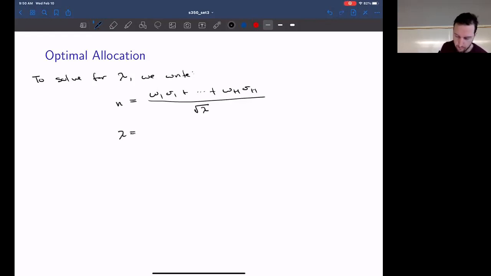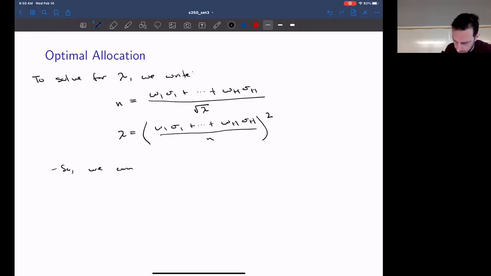So lambda is equal to w1 sigma 1 plus wh sigma h, over little n, squared.